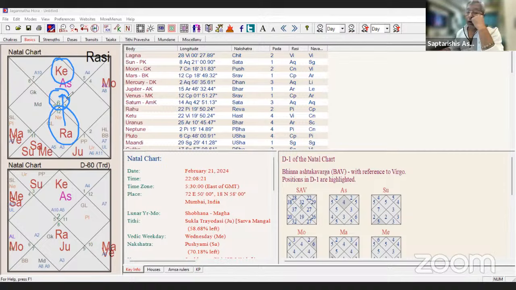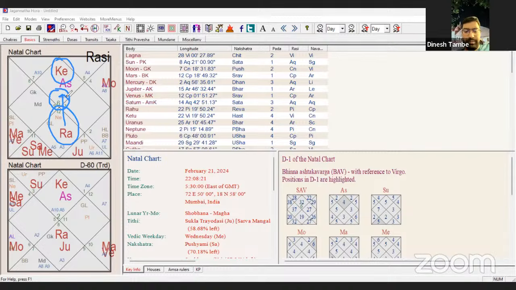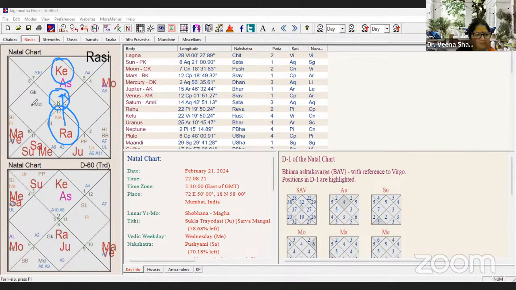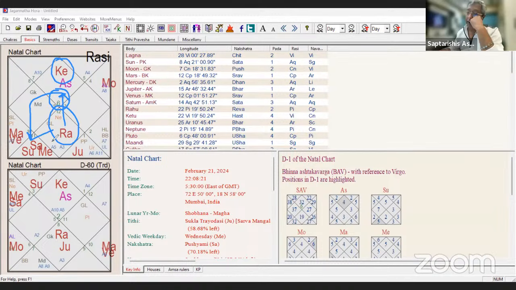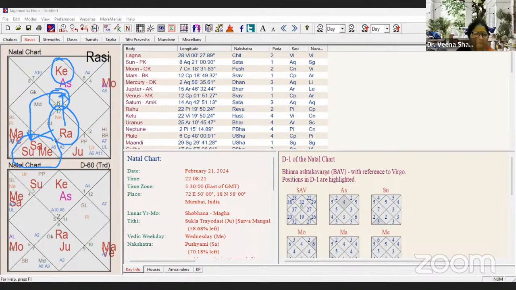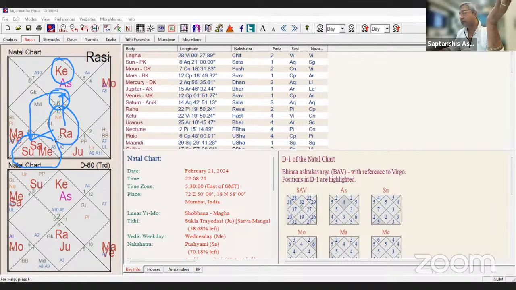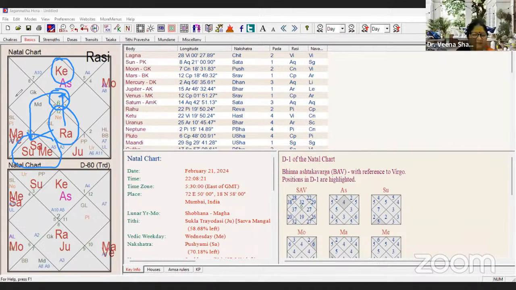Now, what is our next step? The lord, correct? Where is it going? Sixth house of disease. And it is with Sun, Saturn, Mercury. My God, so it is a problem. What are the diseases you said? Thyroid and eyesight problems.